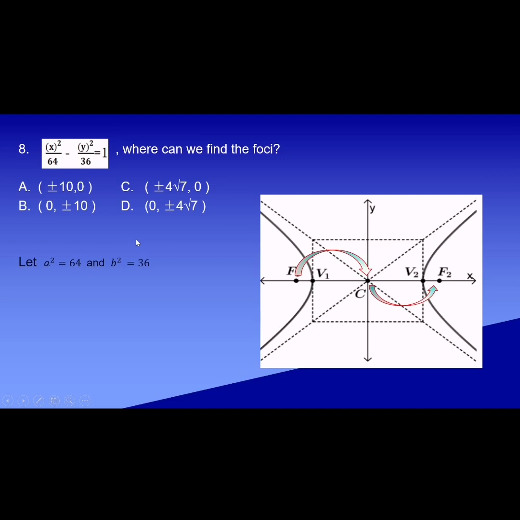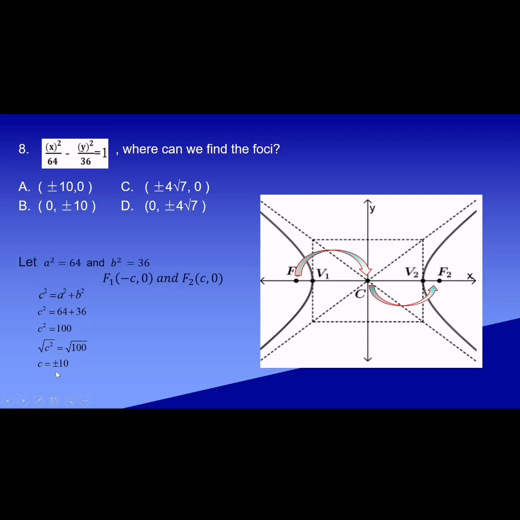So let a squared equal 64 and b squared equal 36. Given F1 is negative c, 0, and F2 is positive c, 0. So c squared is equal to a squared plus b squared. So c squared is 64 plus 36.